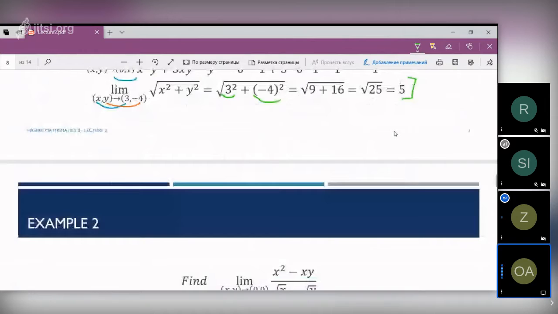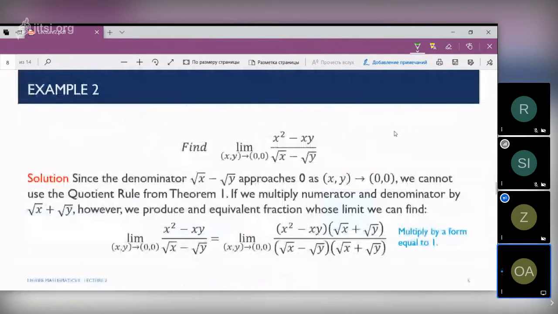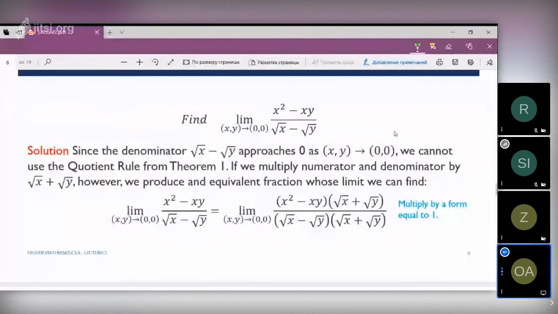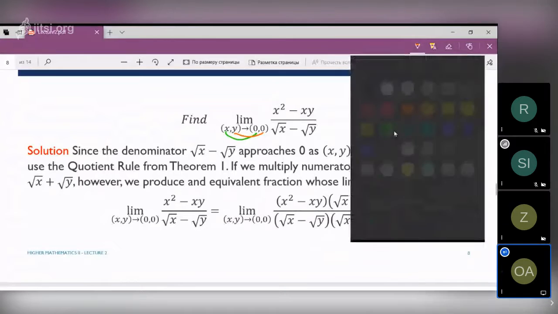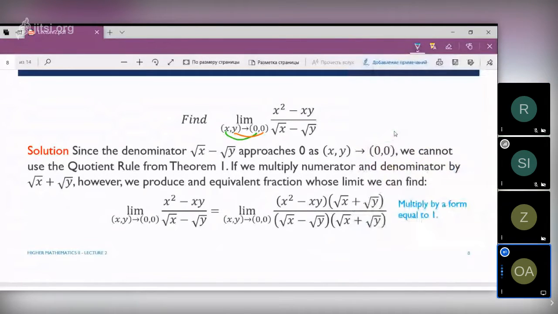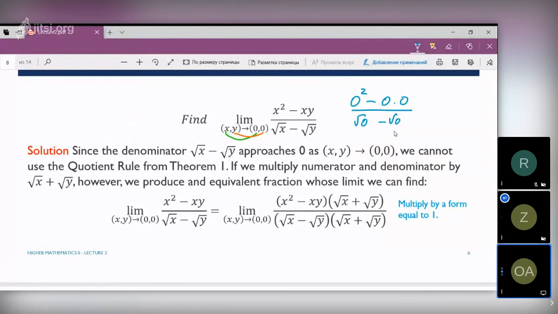And the second example says, find the limit when x and y tend to 0 and 0. Both tend to 0. If we plug in 0 instead of x and 0 instead of y, I will get 0 minus 0 squared minus 0 times 0 over square root of 0.